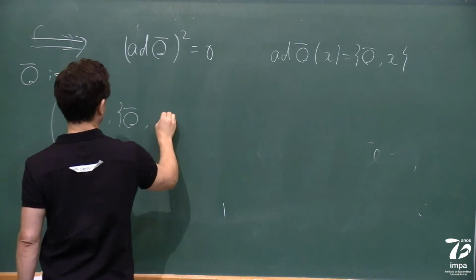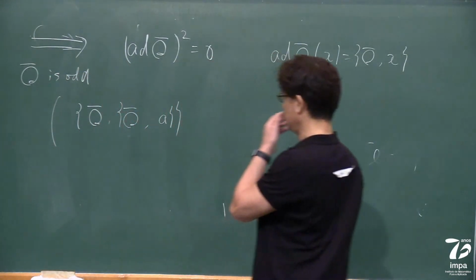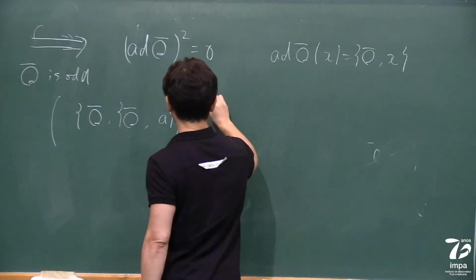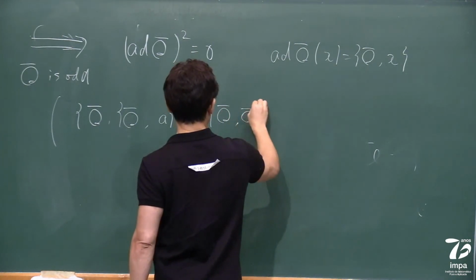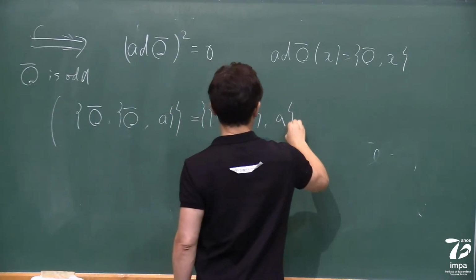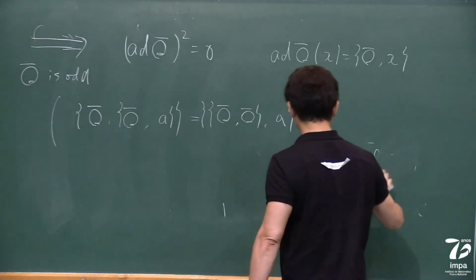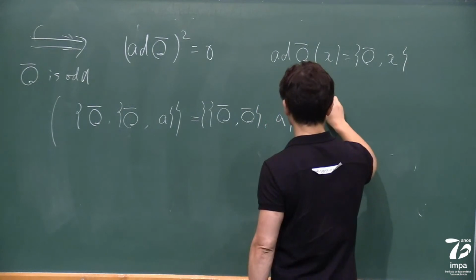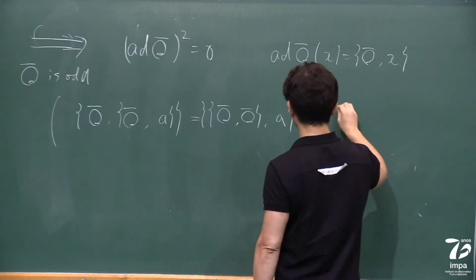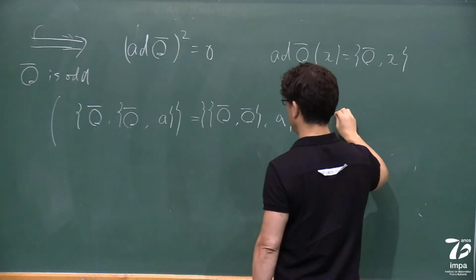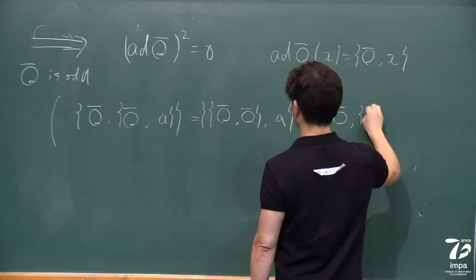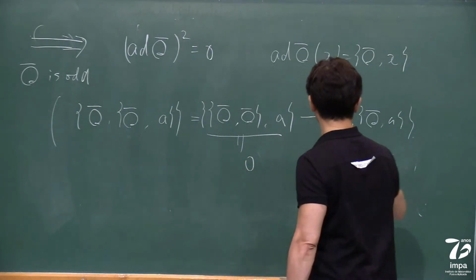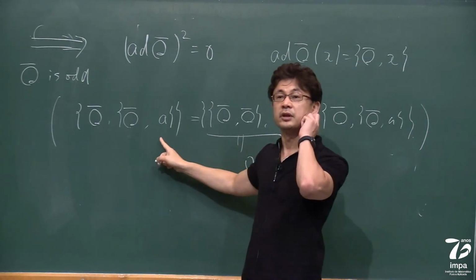So we want to show that this kind of bracket is 0, but then this is equal to, by using the super Jacobi identity, because both of these elements are odd, we have a minus sign here, and then get ad Q bar of A. And because this is 0, we find that this element must be 0.